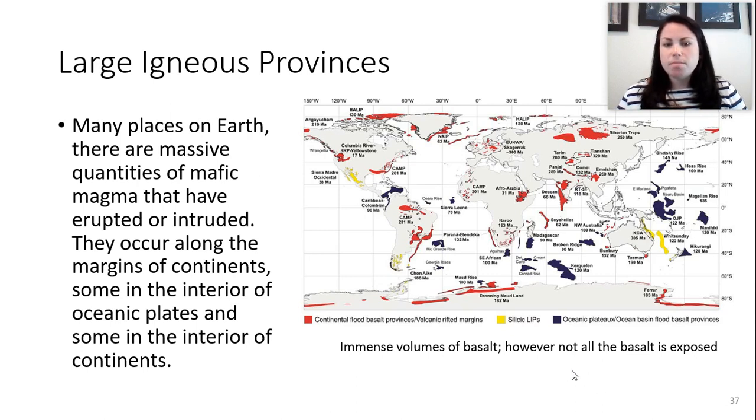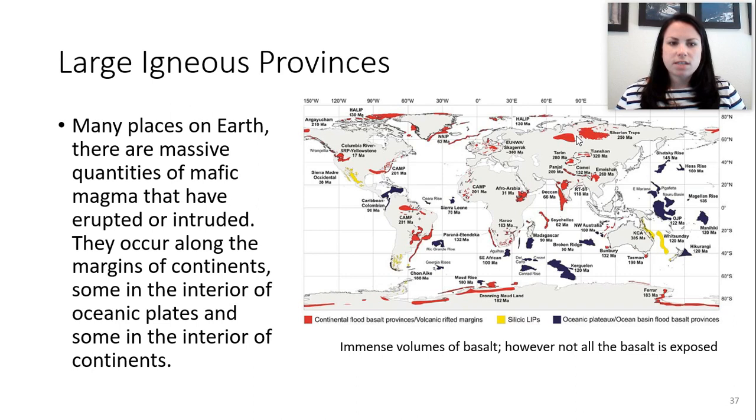But these immense volumes of basalt are called large igneous provinces. And here's a map outlining the different regions where we have just large, vast amounts of basalt. So this is where we see a lot of basalt, but it's not always exposed.